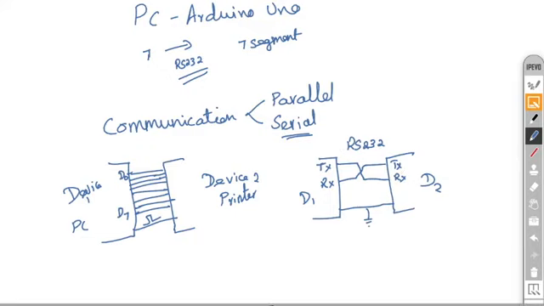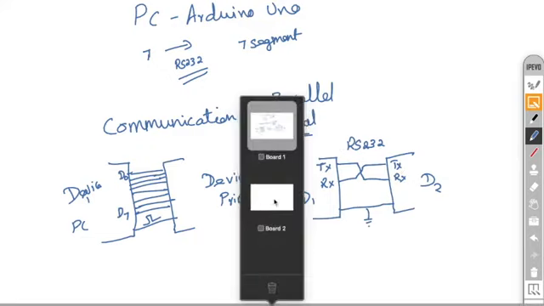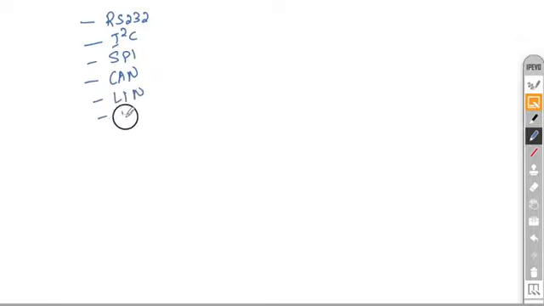In serial communication we have a lot of other protocols, not only RS-232. Examples, starting from RS-232, are I2C, SPI, CAN, LIN, and USB, a few serial communication protocols.